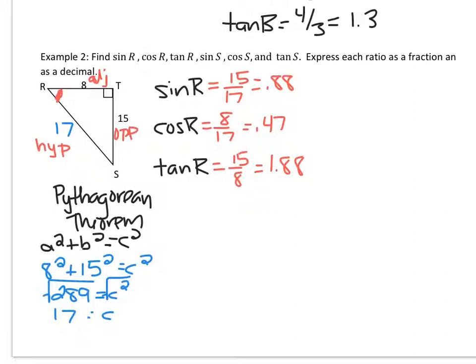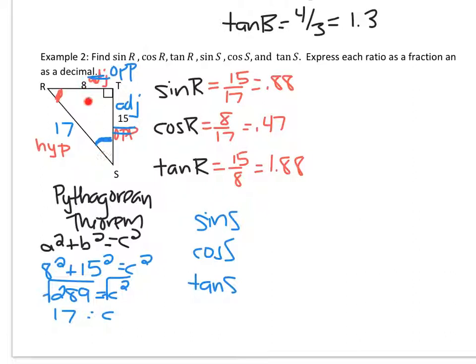Okay, so now let's find sine of s, cosine of s, and tangent of s. So our adjacent and opposite are going to change now because we're using this angle. So directly across from this angle is 8. So that's our new opposite. And then 15 will become our adjacent.